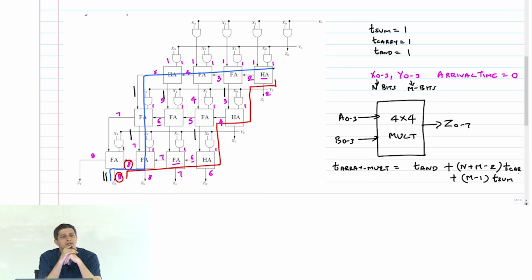How many T carries? n plus m minus 2. So 1, 2, 3, 4 is what I am getting here.